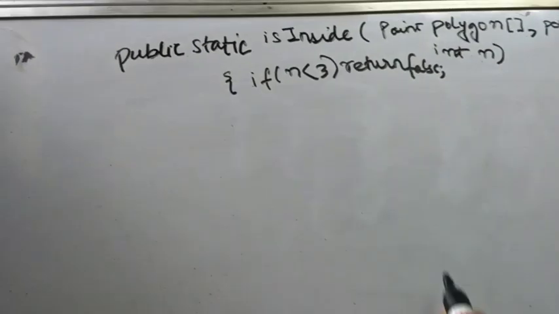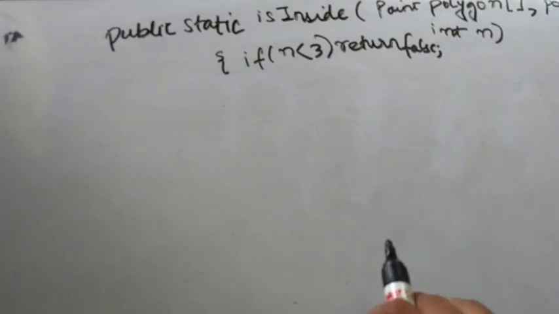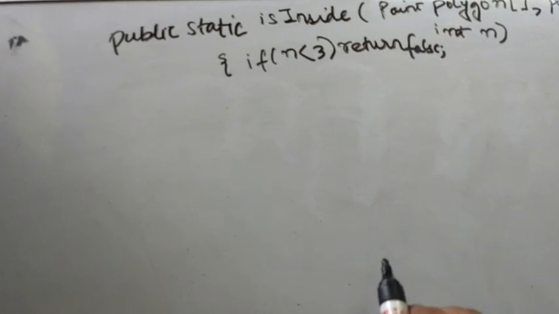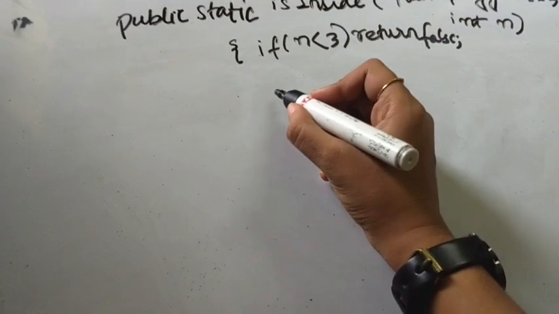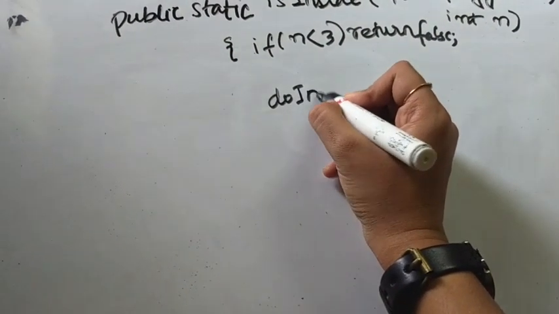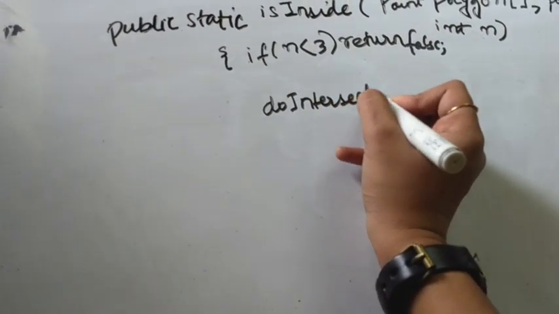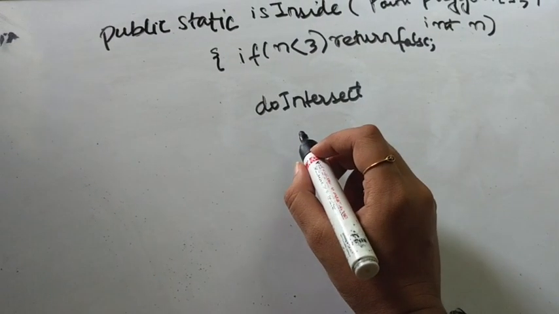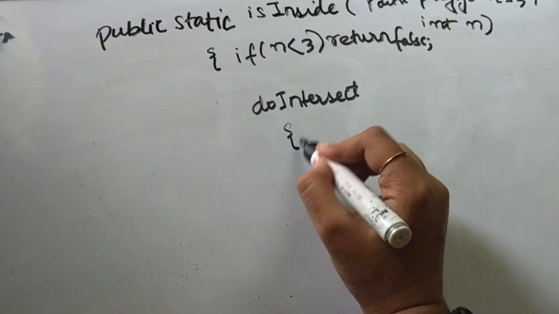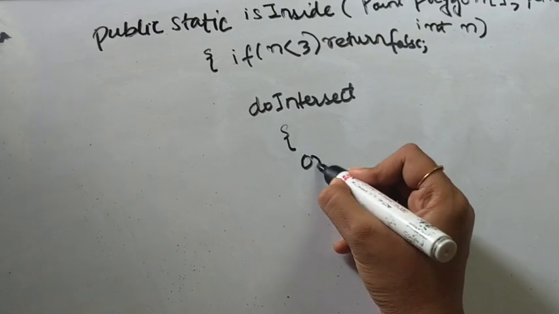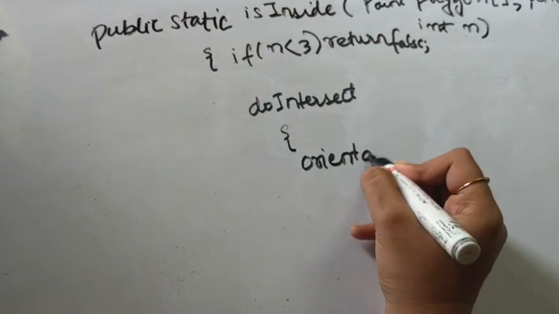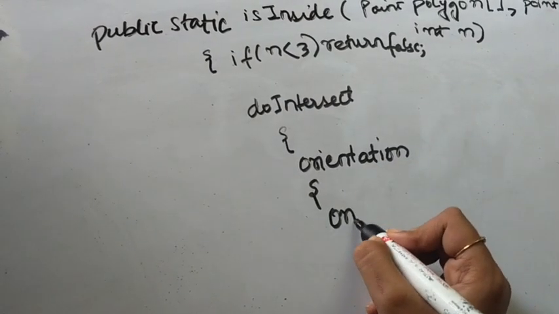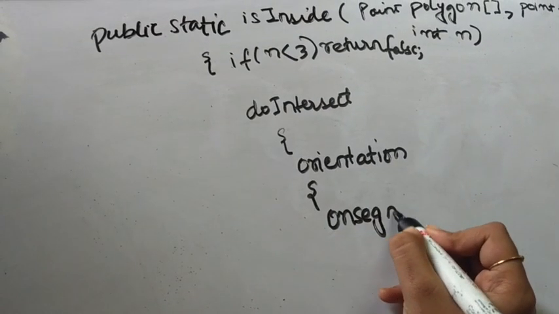So first of all, I'm going to explain the workflow I'm going to use. In this function, I'm going to call all these previous functions, like the doIntersect function. First, if I find that the line drawn from my point P intersects a point on the polygon, then I'm going to find the orientation, right? And if the orientation is equal to 0, then I'm going to find the onSegment, right?